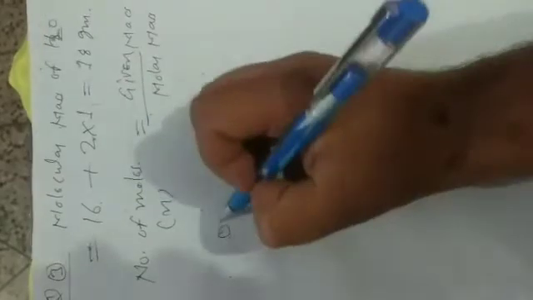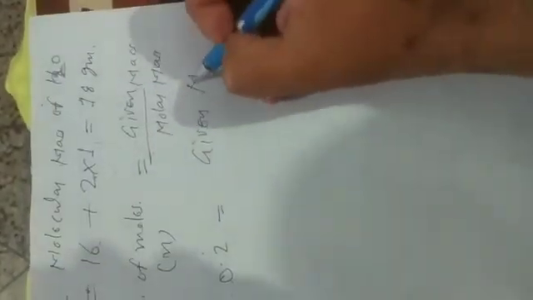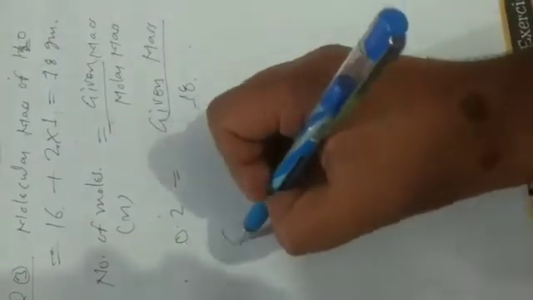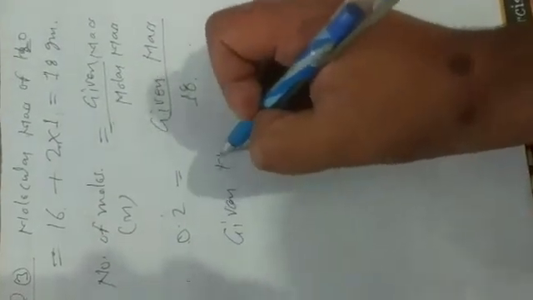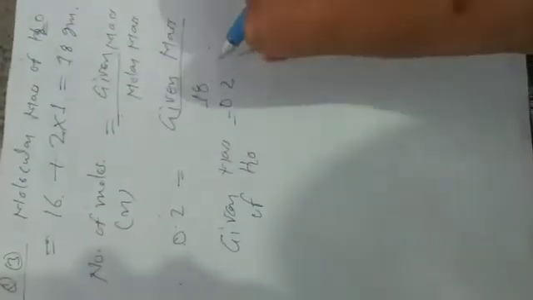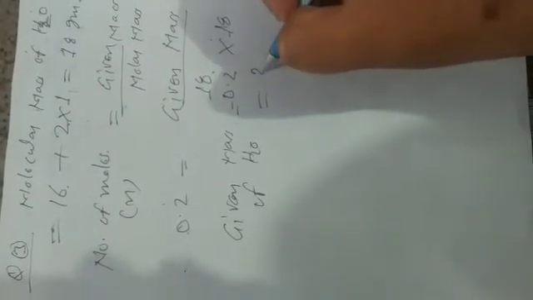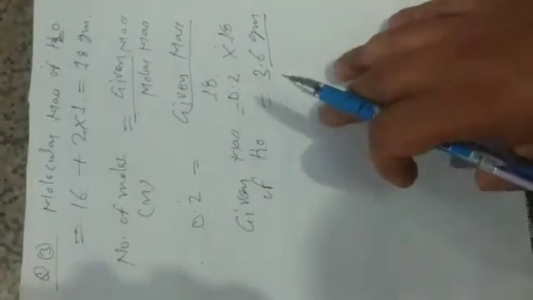Number of moles is equal to 0.2, and molar mass is equal to 18. So given mass of H2O is equal to 0.2 multiplied by 18, which is 3.6 gram, which is your answer.